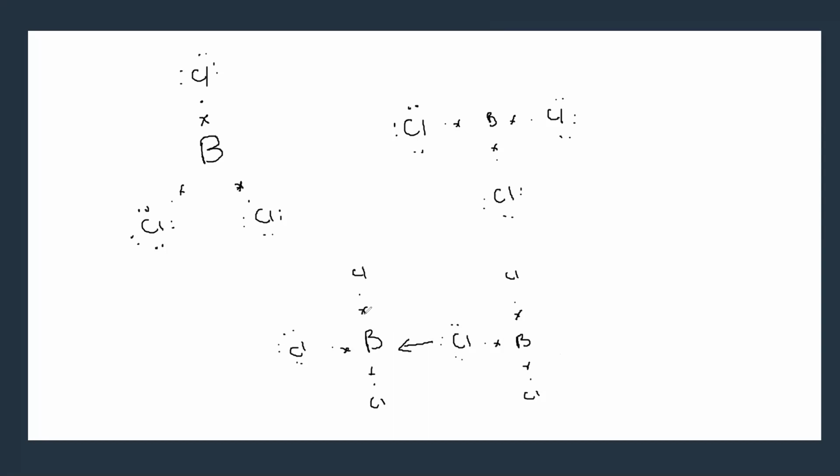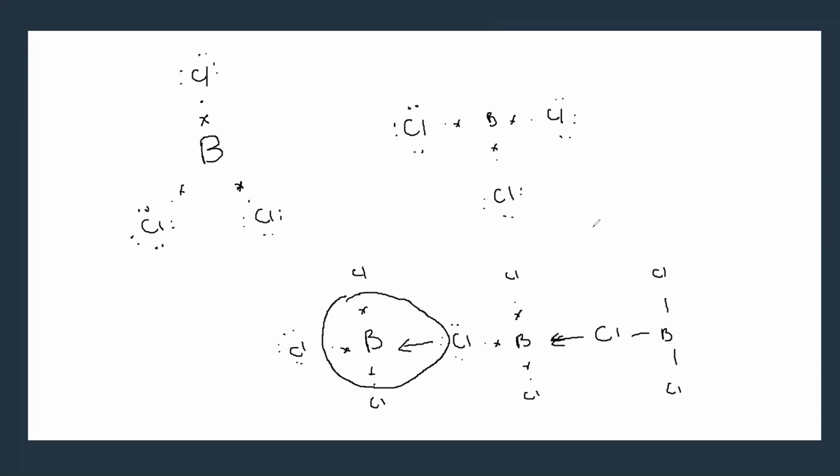So what you will find is that now it has completed 8 electrons. When it has completed 8 electrons, it means the boron is also stable. And this happens for other molecules as well. It's like a chain, which makes them stable. Is it clear?